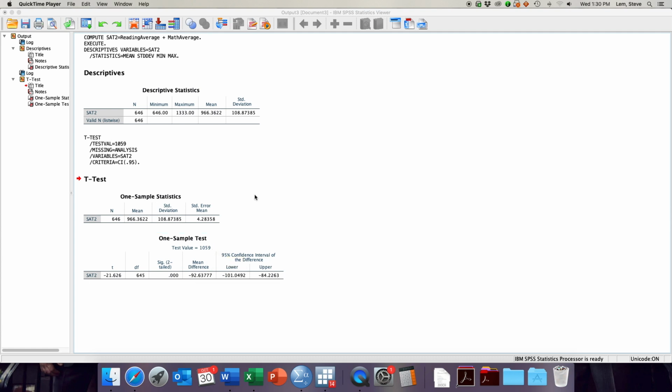To calculate the denominator by hand, we're trying to calculate the standard error of the mean. SPSS gives you the denominator in the first box, which is 4.28, and we would get that by dividing our standard deviation of 108.87 by the square root of n, in this case the square root of 646.